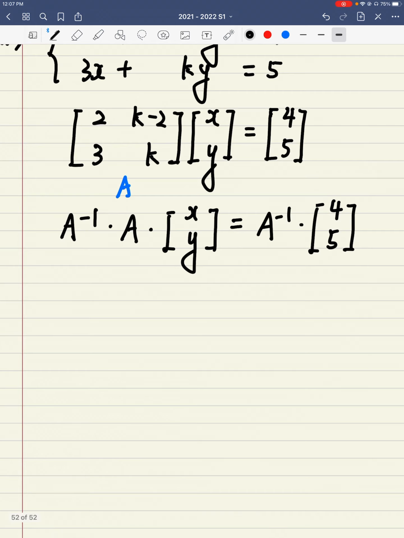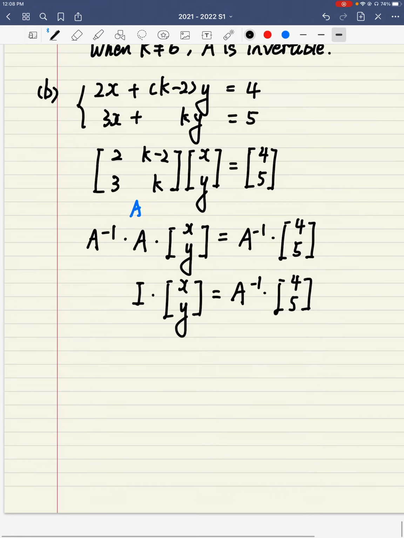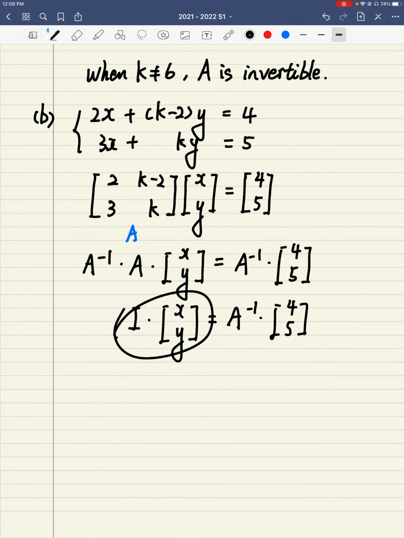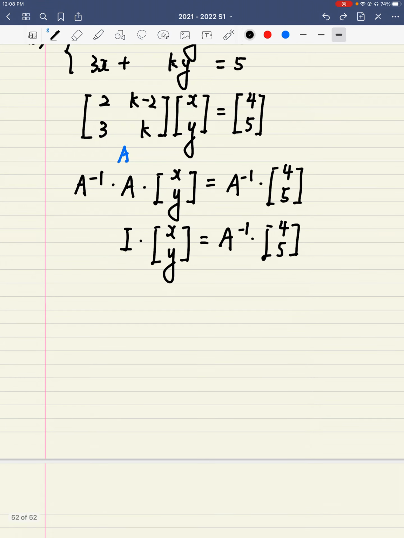Then A inverse times A is I, by the definition of inverse matrix, and it's equal to A inverse times (4, 5). Then I times any matrix is the matrix itself, so I times (x, y) is still (x, y).